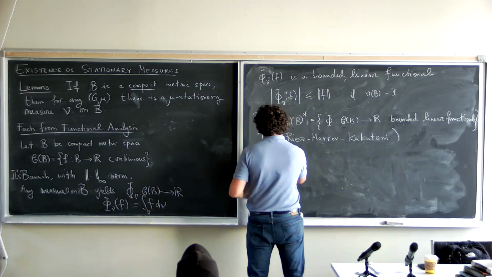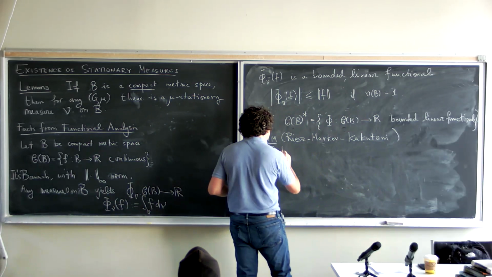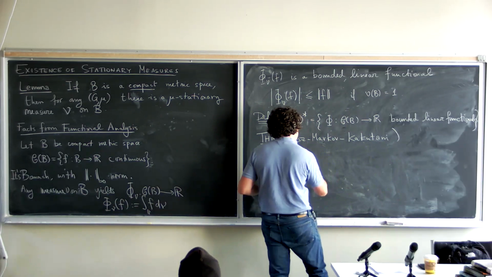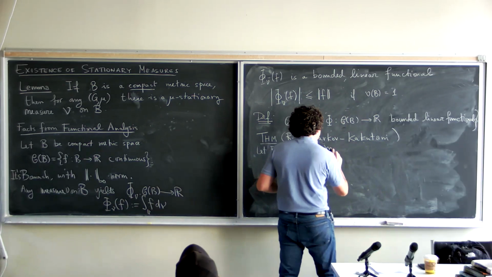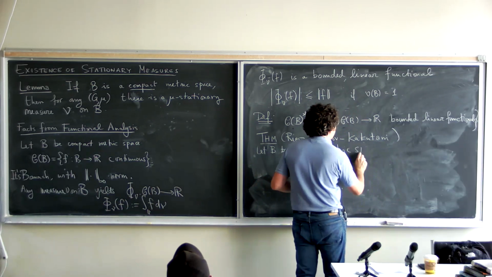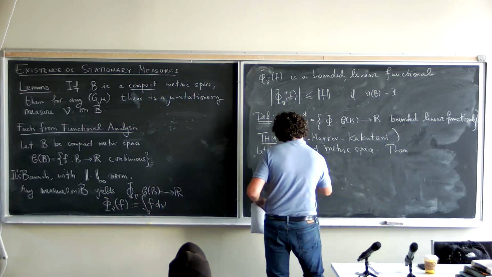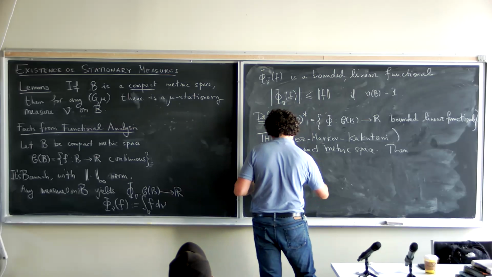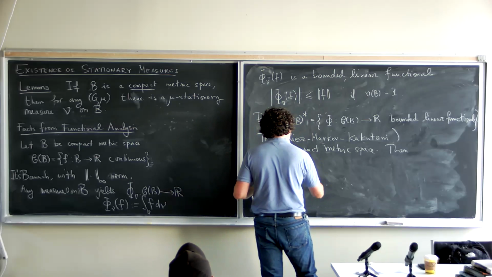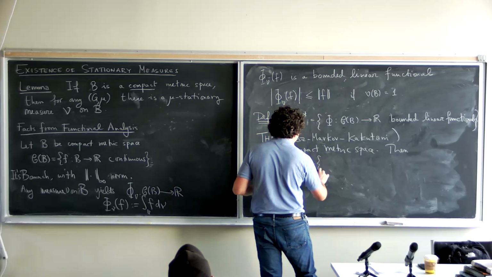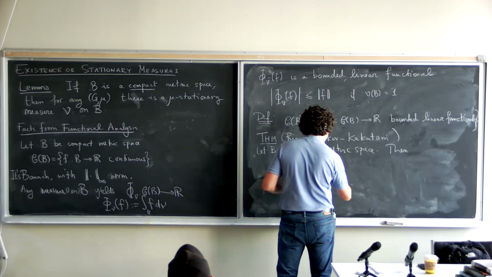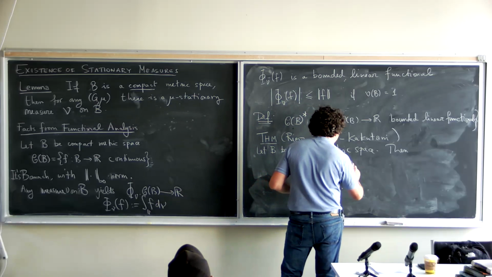So let B be a compact metric space. Then the dual space of continuous functions is the space of signed Borel measures.